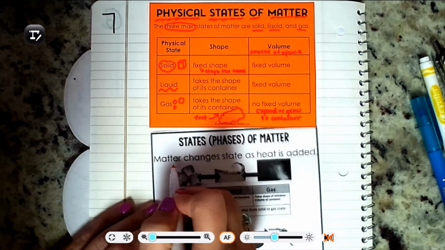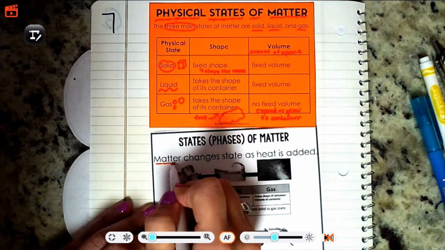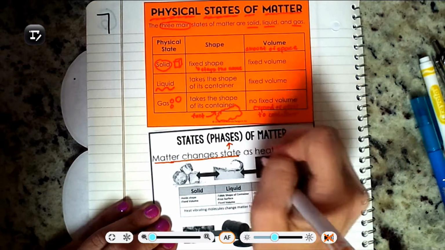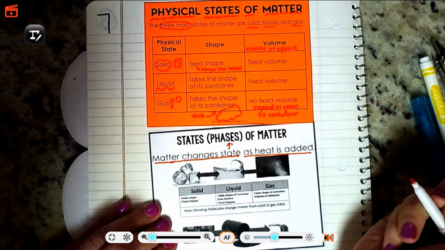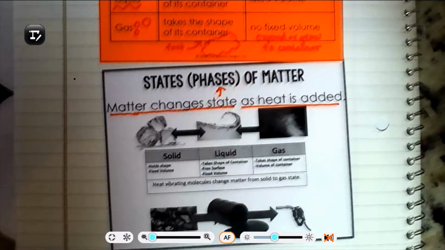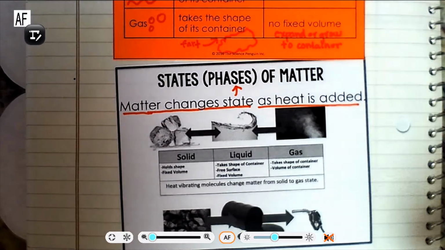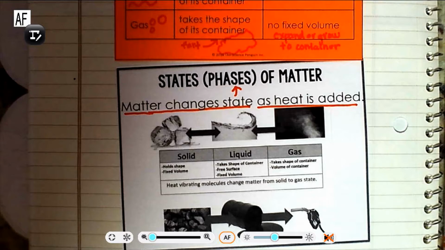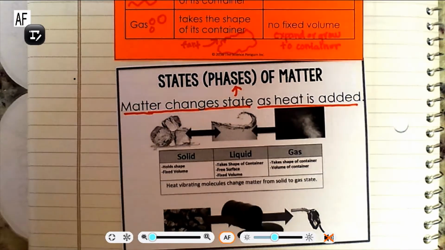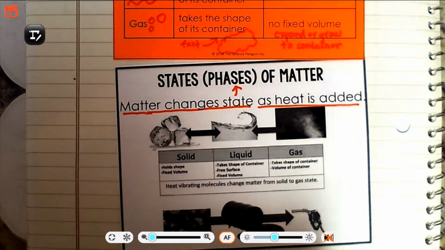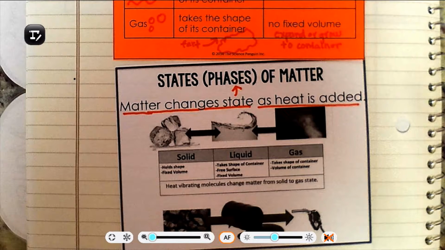So this is something we just need to know. Matter changes state or phase as heat is added. So we remember in our last 3 definitions, we had that little temperature scale that showed us as things got hotter, they changed state. So let me get a different color marker. So let's see. Which is the coldest and which is the hottest?